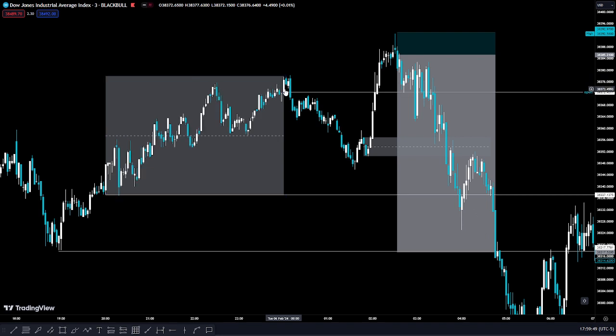You want to see if the price takes out this high first or takes out this low. If price takes out this high, you know you're looking for a sell trade to target this low. If price took out this low, you know you're targeting this high. That's all you need to know.